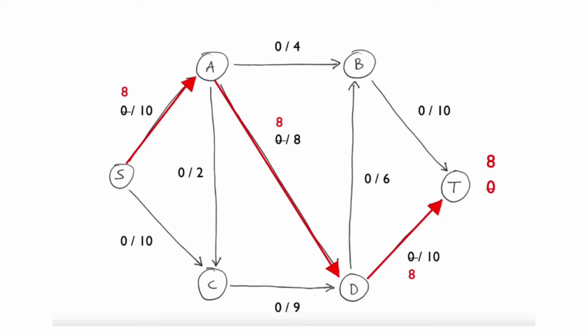This is a possible path from S to T. As you can see, this is an augmenting path as all the edges have unused capacities greater than 0. We then compute the bottleneck capacity by computing the minimum along the path of edges, which in this case would be 8.